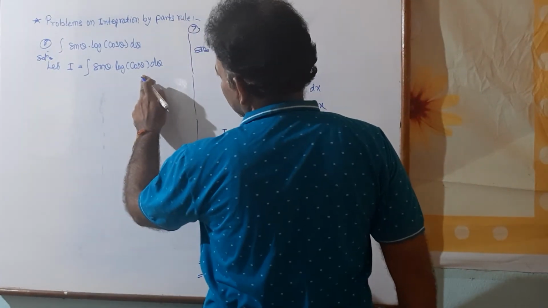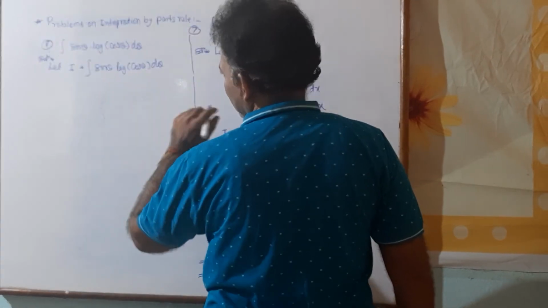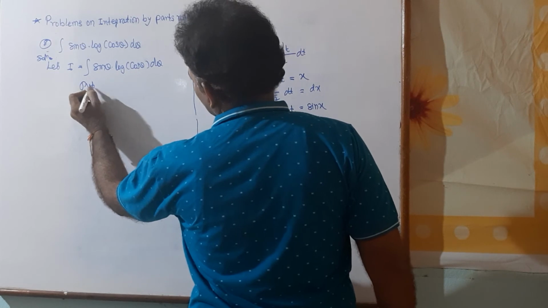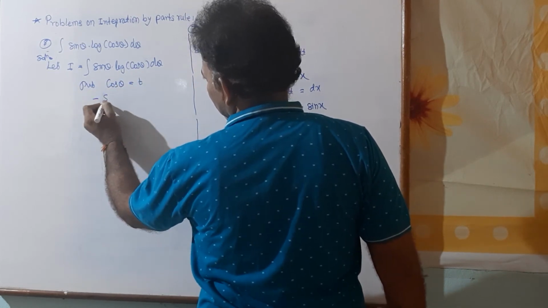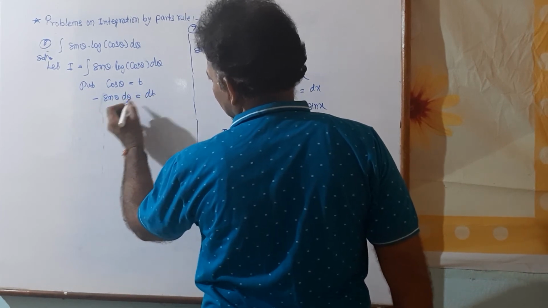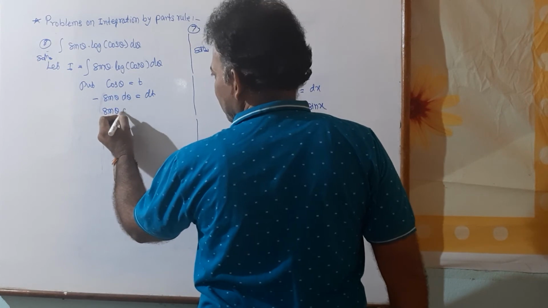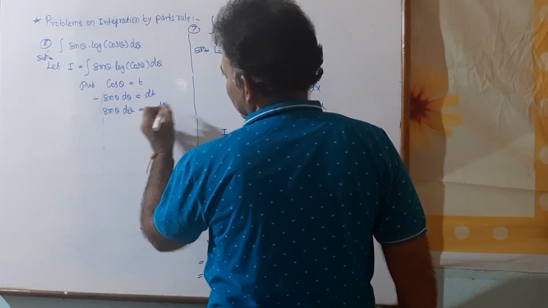Clearly the derivative of cos theta is minus sin theta, so this sin theta can be expressed in terms of the derivative of cos theta. So we put cos theta equal to t as the substitution, the derivative minus sin theta into d theta equals dt. So we get sin theta d theta equal to minus dt.